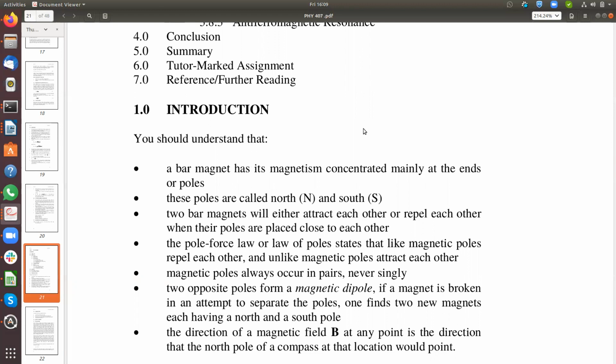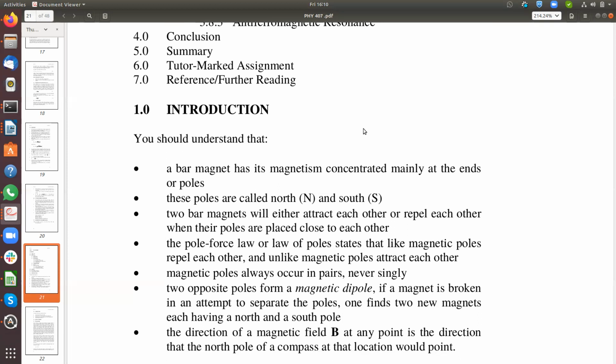But when you bring them close to each other and instead of attracting, you feel a force in between them that is pushing your hands away from each other, this tells you that the two bar magnets have the same polarity, and it could be the north pole or the south pole. In between them, the force that is trying to repel them is what we call a repulsive force.